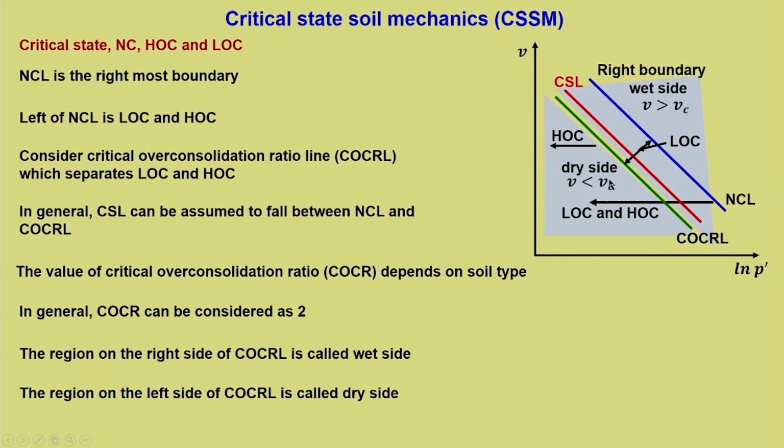Keep in mind, we can also refer to Vc as the specific volume along the critical state line as well. So please keep in mind this difference. In general, the definition is like this, but one can also refer Vc as the specific volume on critical state line.